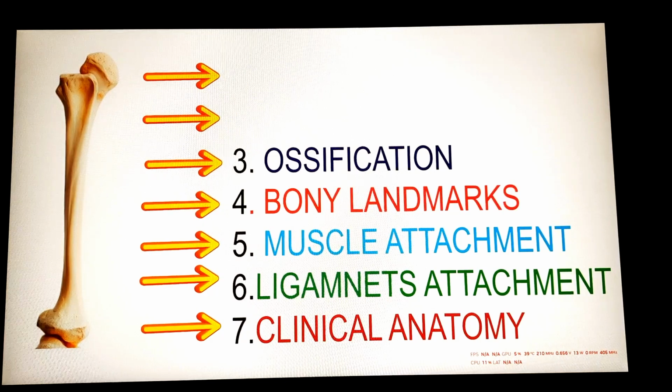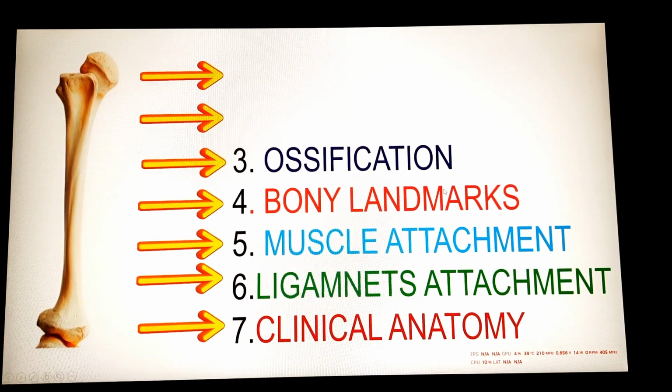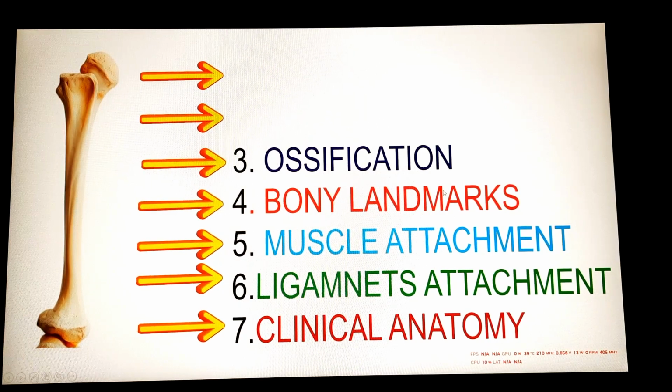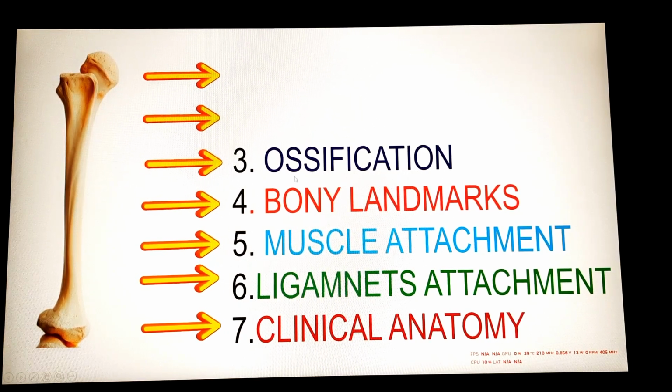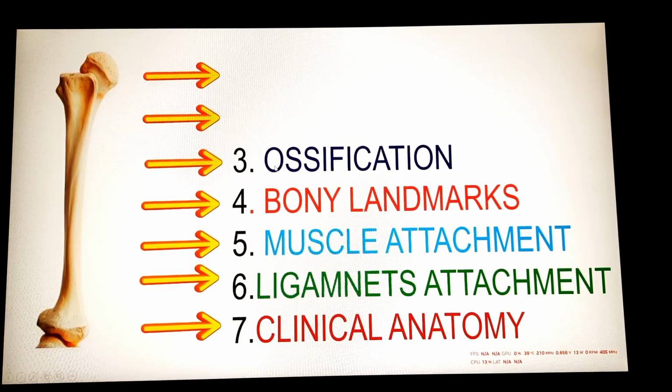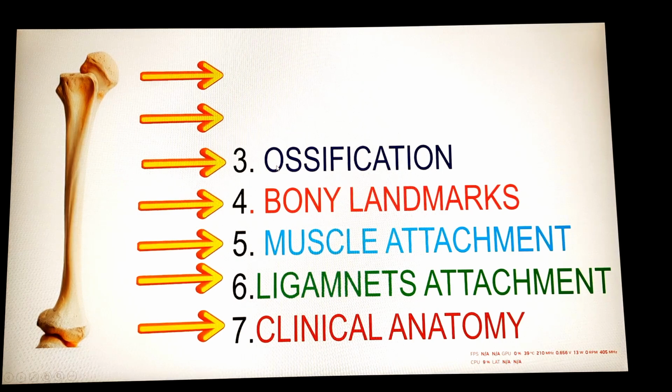Then the secondary ossification starts, and for most of the bones it ends from the age of 18 to 20. That's what is called ossification, and because of these ossifications only, there is a maturity of the bone.